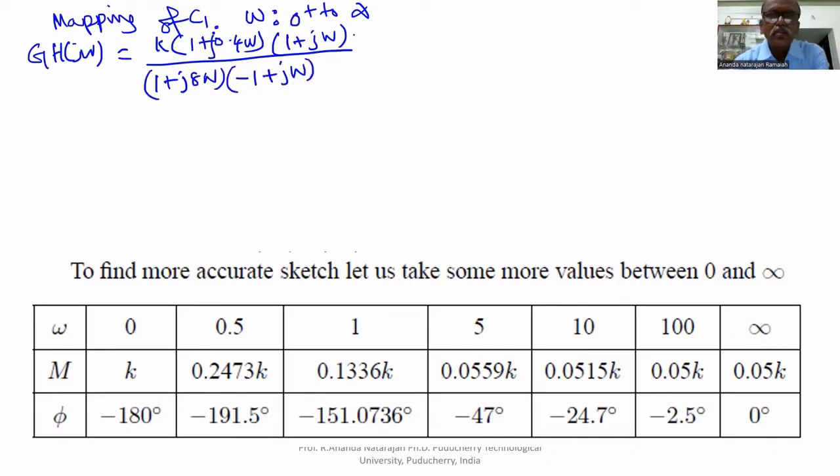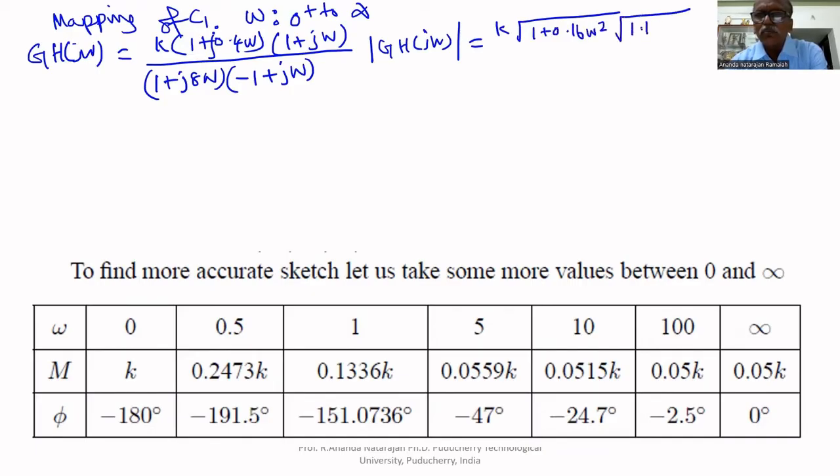What is the modulus of GH of j omega? That is equal to K square root of (1 plus 0.16 omega square) square root of (1 plus omega square), upon square root of (1 plus 64 omega square) multiplied by square root of (1 plus omega square).